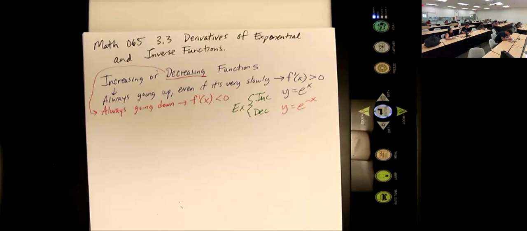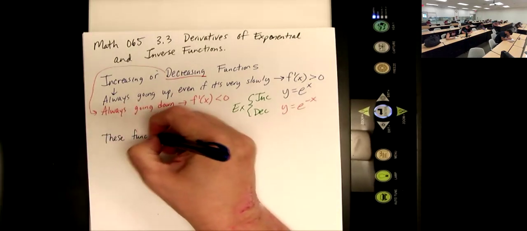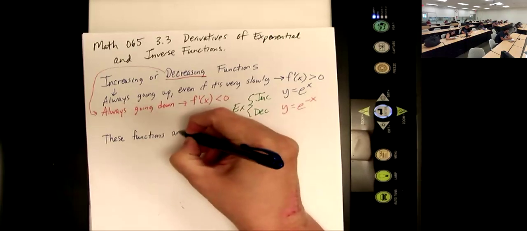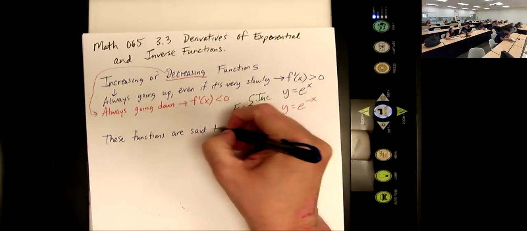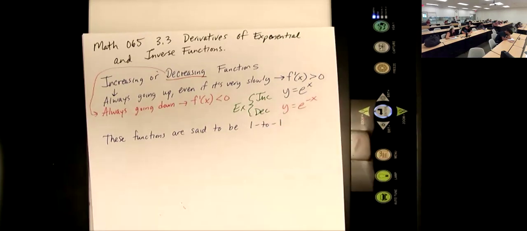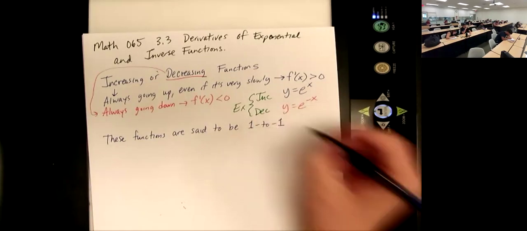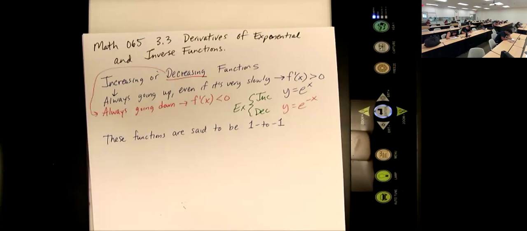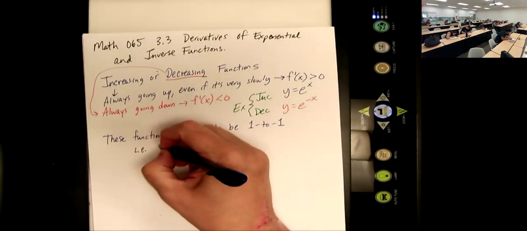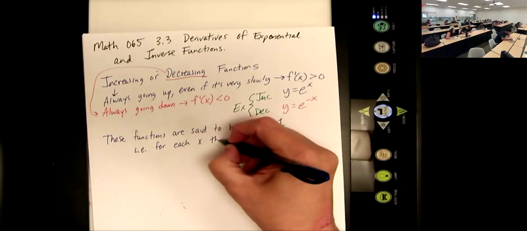If a function is always increasing or always decreasing, these functions are said to be one-to-one. I.e., for each x, there is only one y.